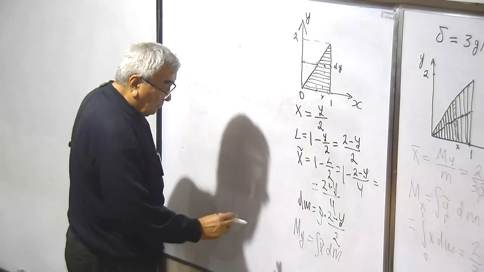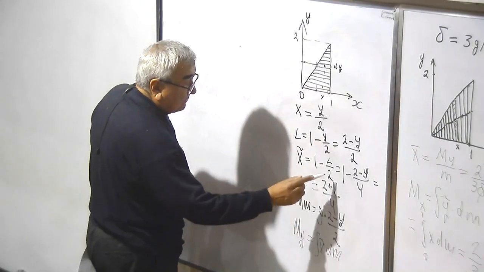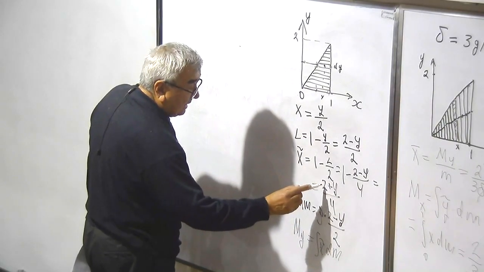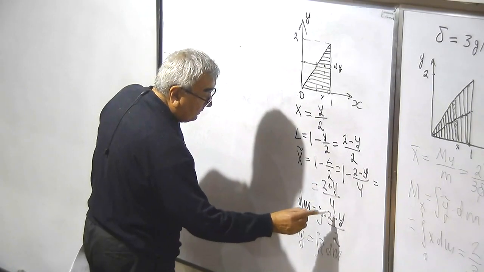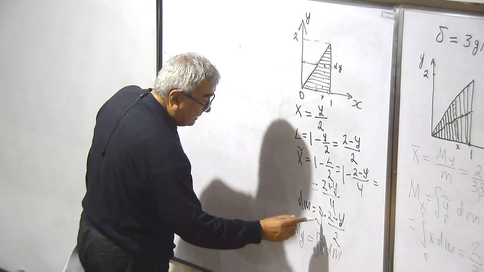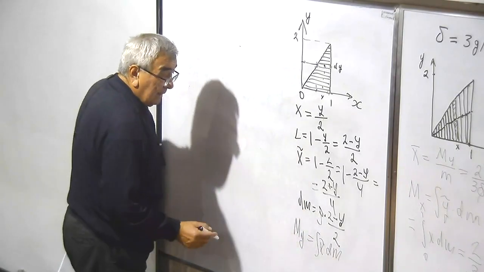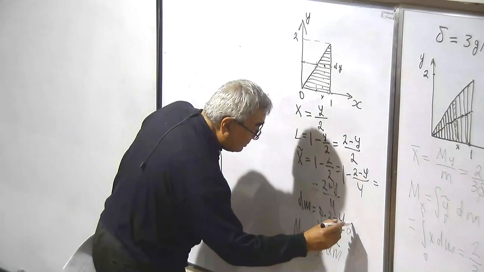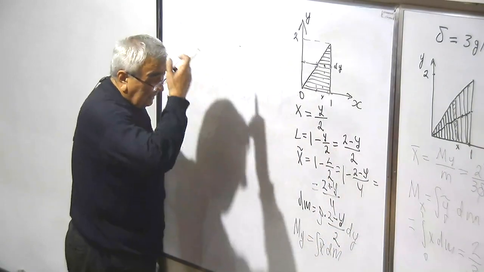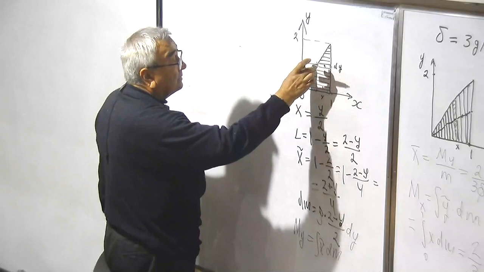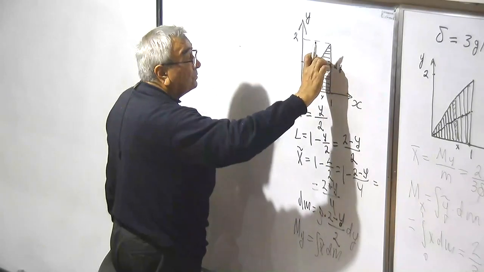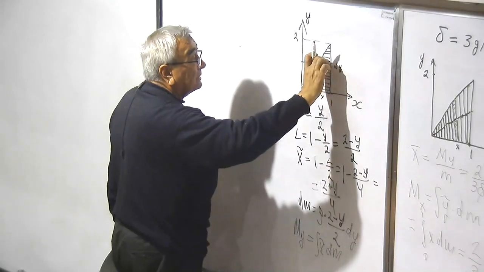Let us substitute x tilde from here, that means 2 plus y divided by 4, and from this one, dm. Here, multiply with dy. Sorry, I forgot about the width, because the area should be length multiplied by width.